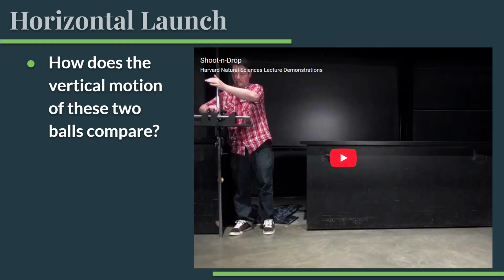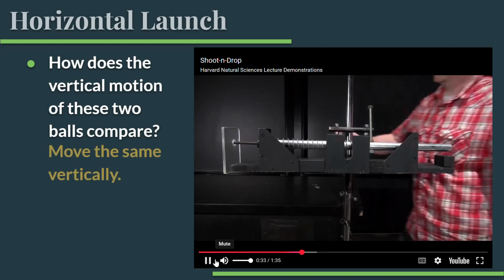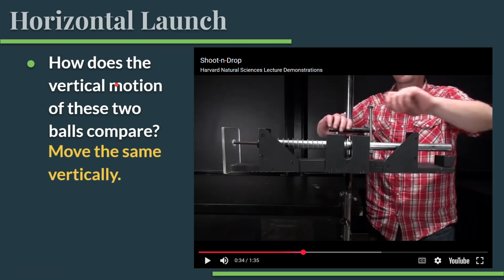Okay, so you probably noticed, hopefully you noticed, that they had the exact same vertical motion. They hit the ground at the same time. And that is something else that you need to keep in mind whenever we're talking about projectiles: the vertical motion is going to be the same for all of them, for something dropped from rest or something launched horizontally, because both of them are accelerating due to gravity, and that acceleration is vertical.